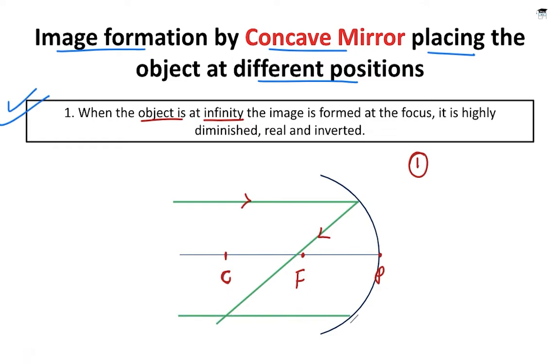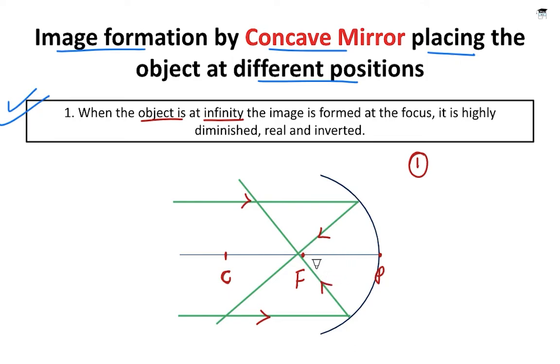After reflection it will pass through the focus. Now I am choosing the focus to be here because it shifted the first time. Okay, so this is the focus. The ray of light which is parallel to the principal axis after reflection will pass through the focus.